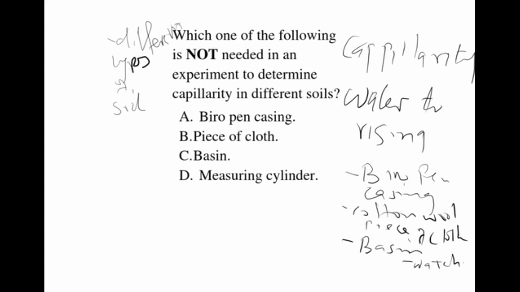Therefore, when carrying out capillarity, you do not require anything to do with the measuring cylinder. Here we just need the biro pen casing. Inside the biro pen casing, you'll have a basin containing water where you are going to stand your biro pen casing.